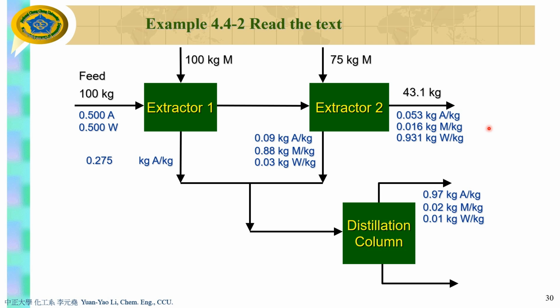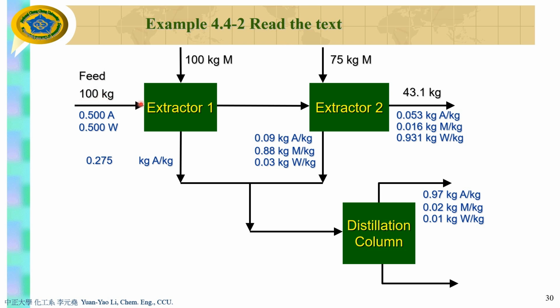Before we really do this, we need to write down all the unknowns in this flow chart. So this is the flow chart and all the information we have got in this example. Let's do this one by one.